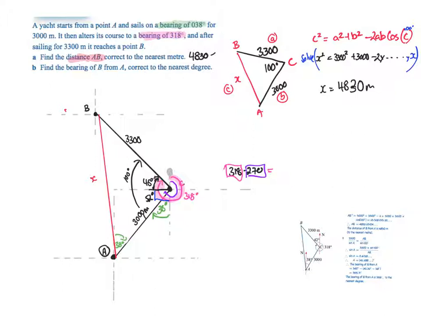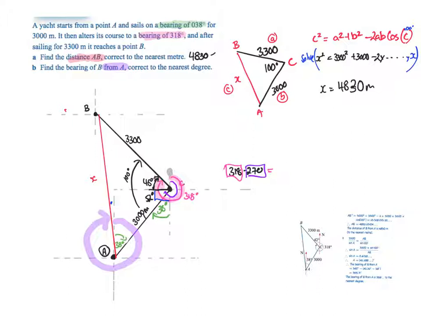Okay, so now they're saying find the bearing of B from A. So that means I have to start at A's north and go all the way around until I hit the line that joins them. Can you see, if there's the north line, it's just a little bit shy of going all the way around 360, isn't it?